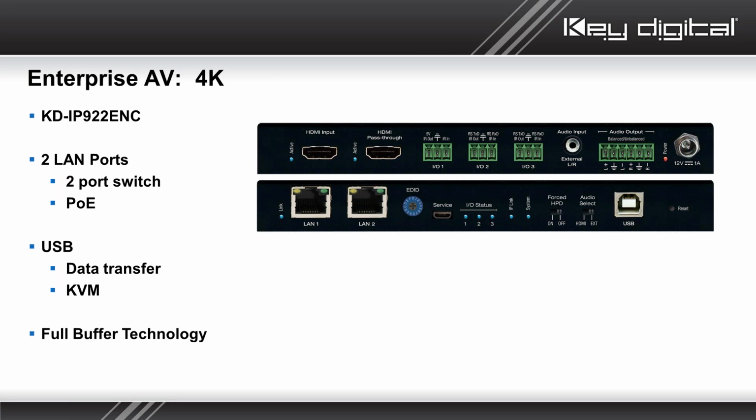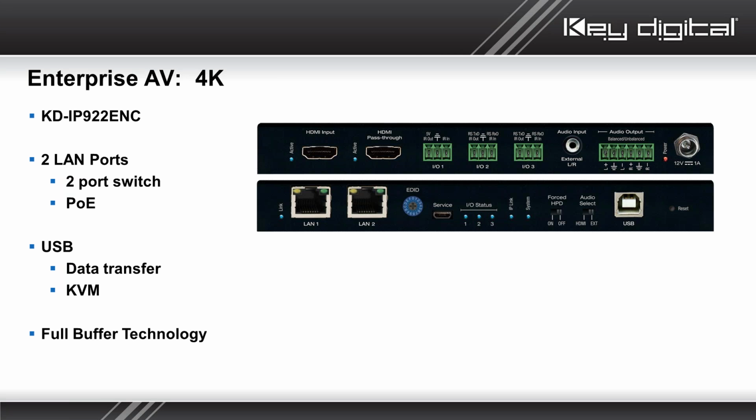You also have USB. Now the encoder has the USB-B type because the encoder is typically connected to a PC host, if you will. So if you need to just plug in a USB thumb drive and transfer data, or even if you have, say, a webcam that connects over USB, this USB supports synchronous or isochronous, so it could be data transfer, or it could be continuous data, like a webcam.